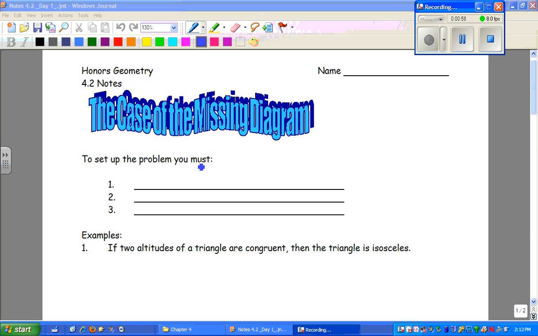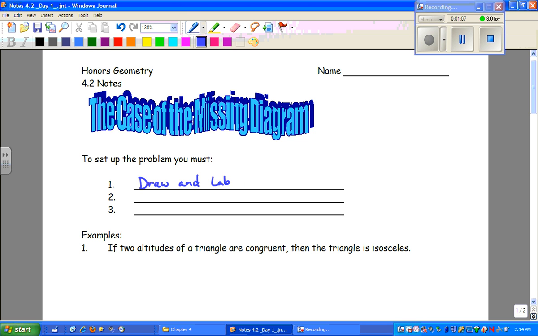To set up a problem, there are three things. First, you must draw and label a picture. Second, the if is the given statements.